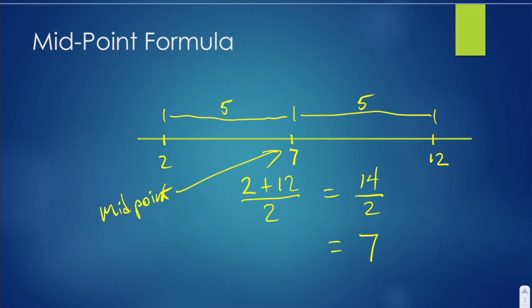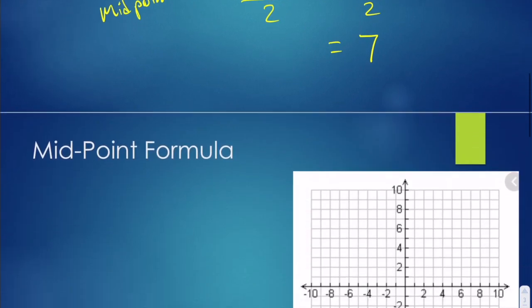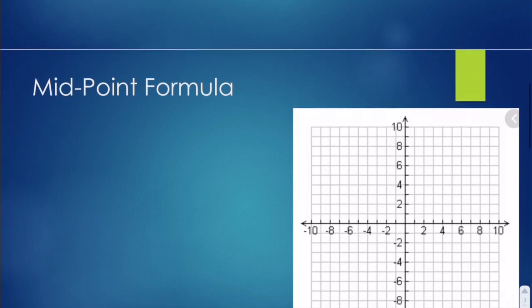So that's just a very simple illustration of where we go when we actually do this now on a coordinate plane. So let's do this. Let's take the points -4, -2, and let's take another point, let's call it 6, 6.